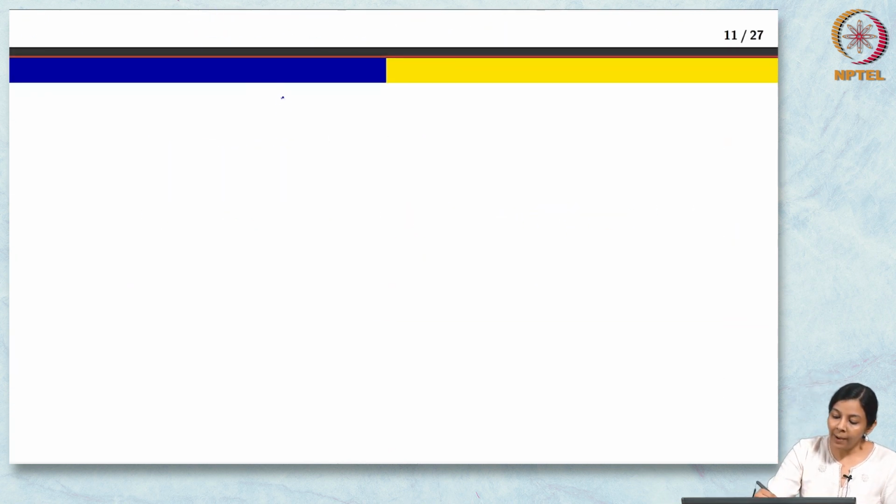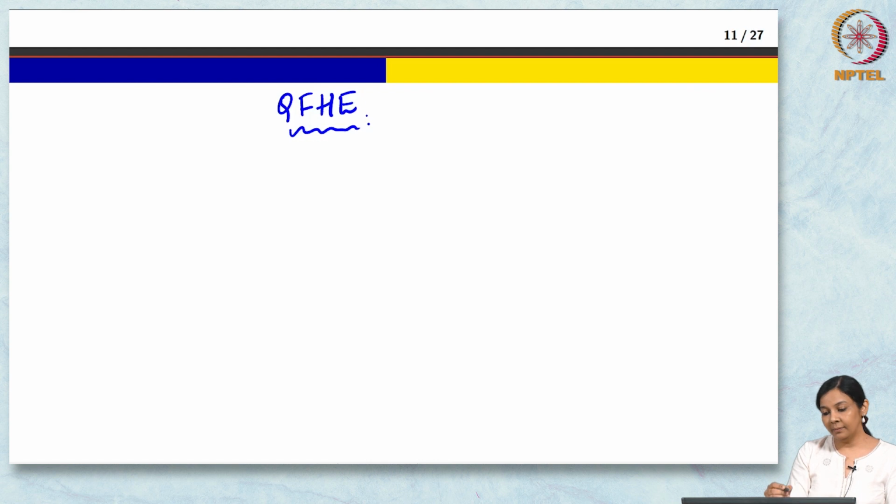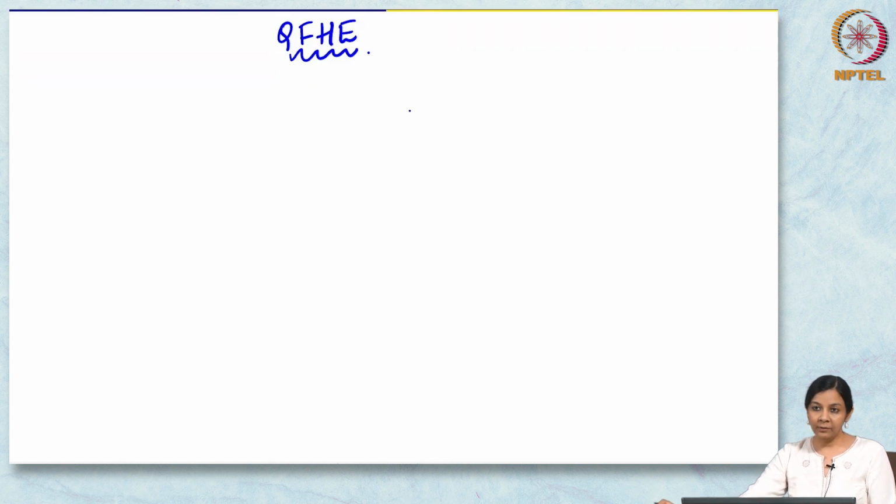So let us go back to the frame of our story, which is of course QFHE. What we just did was something that we need to use along the way, but of course what we are trying to build is QFHE.